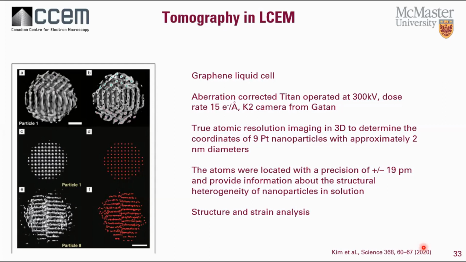Structure and strain analysis is enabled by assignment of precise atomic positions, reveals lattice expansions of ligand protected metal nanocrystal in solution, and also the existence of large strain near domain boundaries or dislocation edges and surfaces.